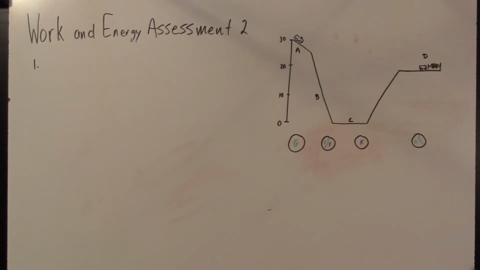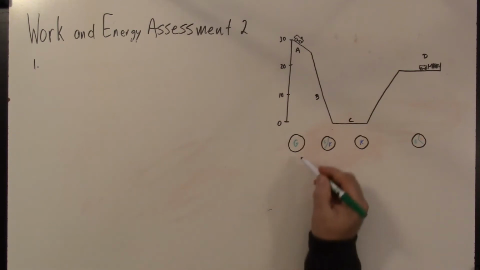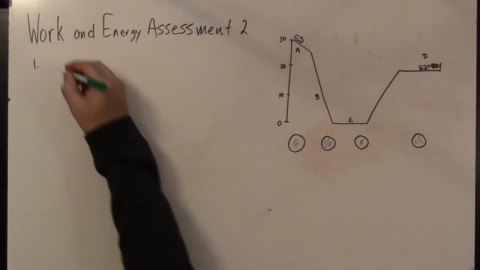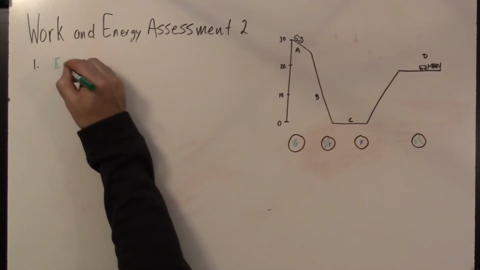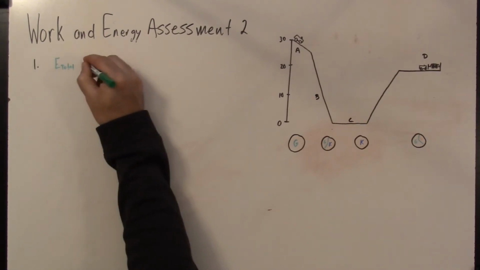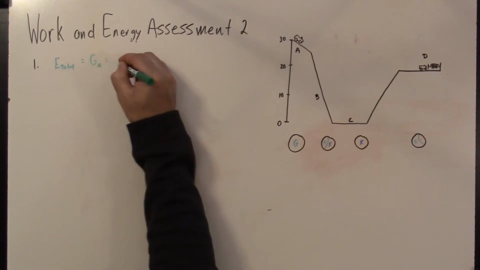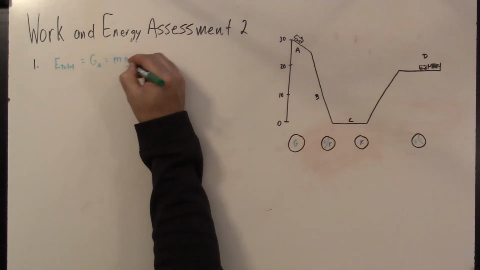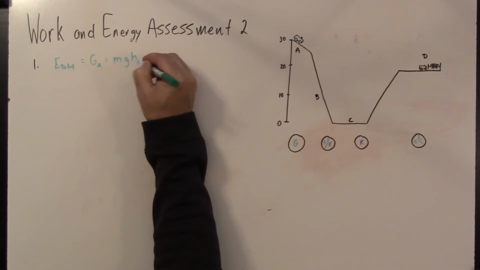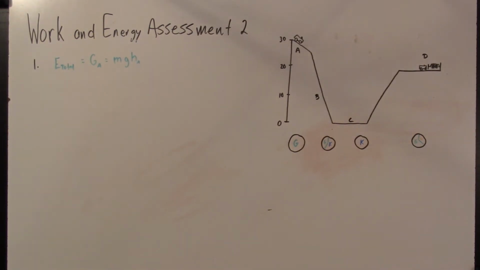So number 1 says, how can you calculate this? Well, the easiest way to do it is to just use your gravitational energy formula. So the total amount of energy is equal to the gravitational energy at A, which is equal to mgh at A. And these are all things we know.